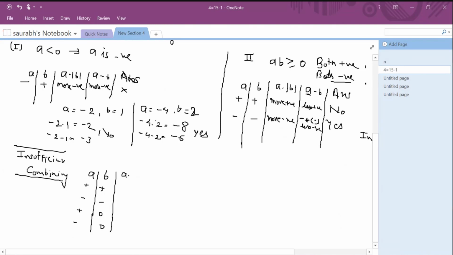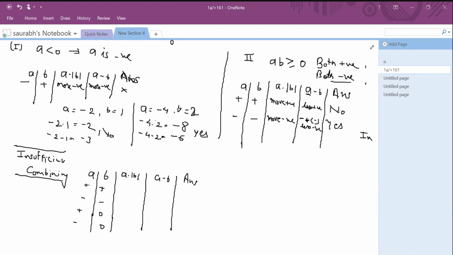All right. Now, again, I'm going to write everything here, and then your answer. All we need to do is check all the scenarios. If you're getting the same answer, yes or no, then both of them together are sufficient. In case we get a contradictory answer, then even both of them combined are not sufficient. So now let's check first. If you look at the first scenario, plus, I have already checked it here.